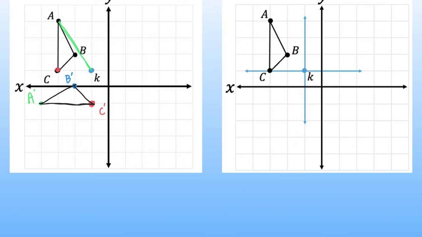Now, one thing that's super helpful with this, you notice how A prime and C prime are on a straight line, just like A and C were on a straight line. And B and C are one over, one up, they're one away from each other in both of those. That's going to be really helpful because this is a rigid motion, so the shapes have to be congruent.